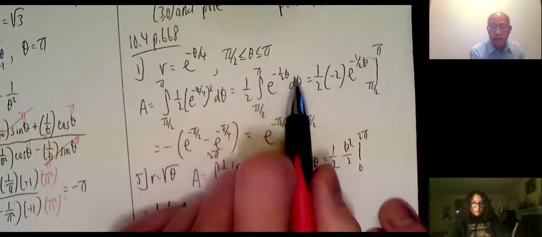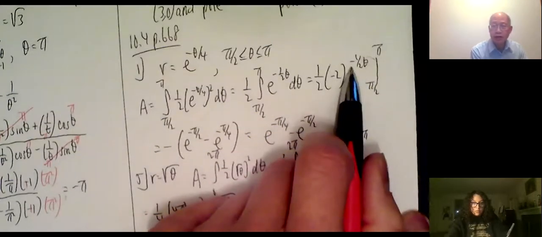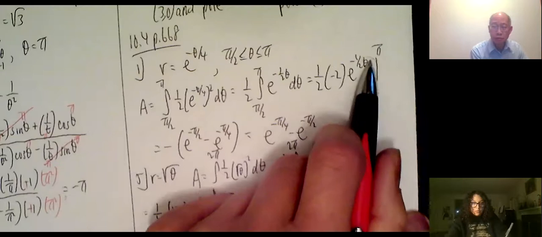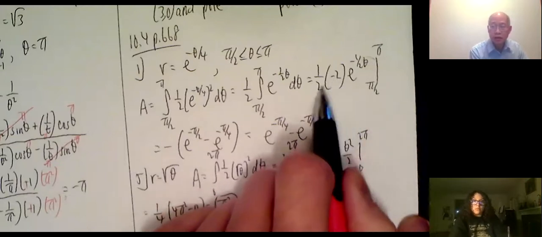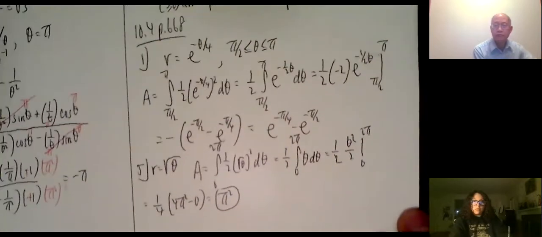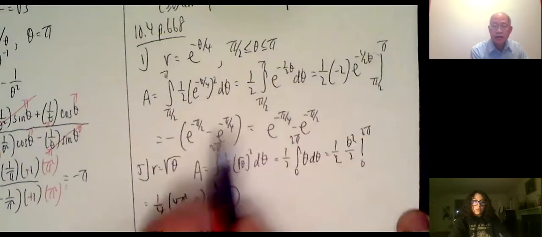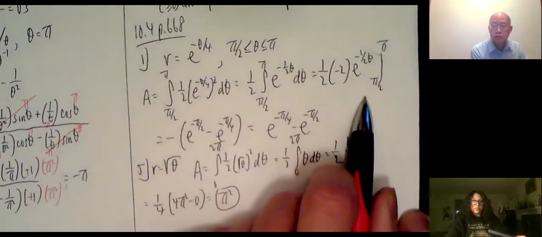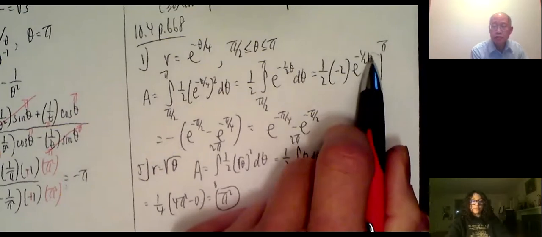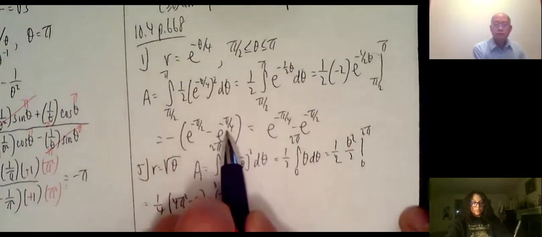Since I'm integrating, I divide by negative 1/2 or multiply by negative 2. e to the negative 1/2 theta from pi over 2 to pi. Okay, and notice these cancel out, so I have a negative. Plug in pi. That gives me e to the negative pi over 2. Plug in pi over 2, you'd have negative pi over 4.